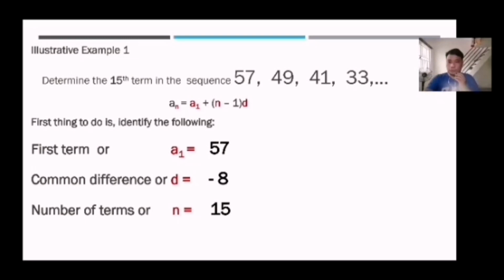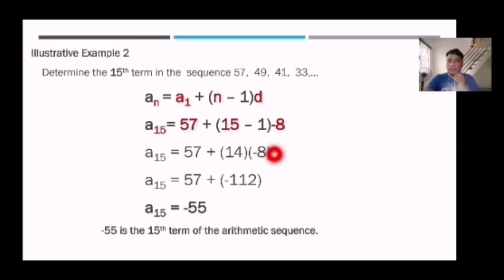Okay, let's try to solve. Writing first the formula, substituting the values, n equals 15, a sub 1 is 57, n is 15, common difference is negative 8. 15 minus 1 is 14. Bring down 57, bring down negative 8. 14 times negative 8, that gives us negative 112.